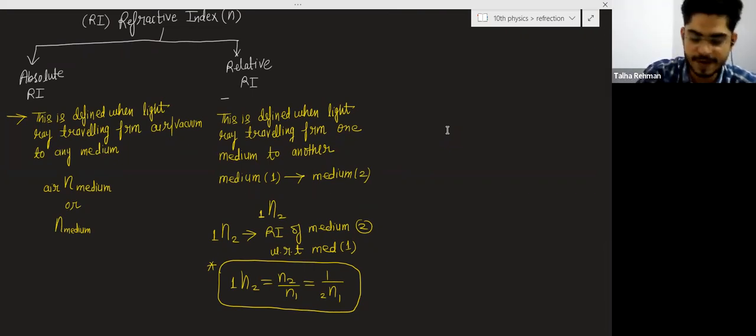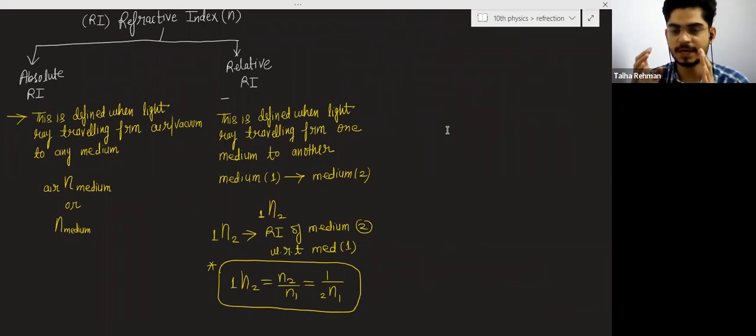Actually, for defining the refractive index, we have a pair of mediums, means we have two mediums. For a single medium, we cannot define the refractive index. For the absolute refractive index also, we require air as a medium or vacuum as a medium. This symbol is very important. This symbol n12.